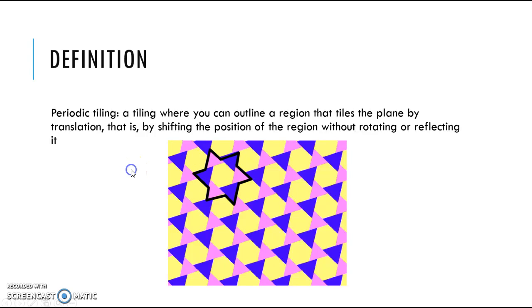But what you see when we shift that star pattern without rotating or reflecting it is that it moves right onto the same pattern within that tiling. So that's really neat. So that's called a periodic tiling. If you can translate the outline of a shape from region to region within the tiling and not change the outline of the shape, that's considered a periodic tiling.